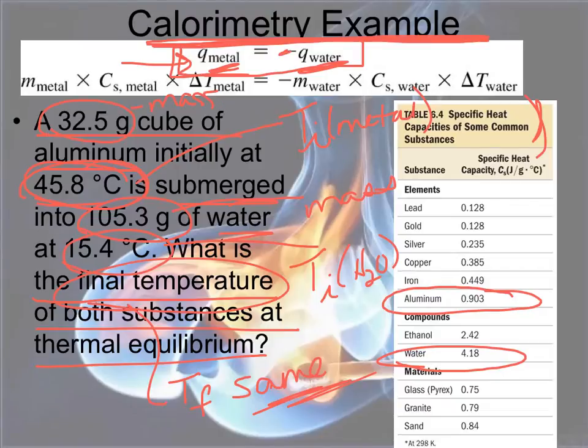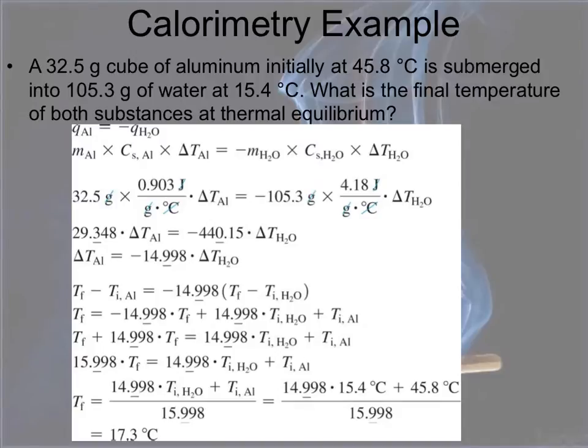The only difference is going to be a sign. We're going to put a negative sign in front of the material that is absorbing the heat. And so we have the q = mcΔT equation for both substances, the substance that is giving away heat and the substance that is accepting the heat. Let's go to the next page and see what we have.